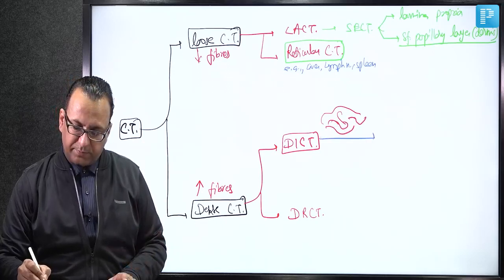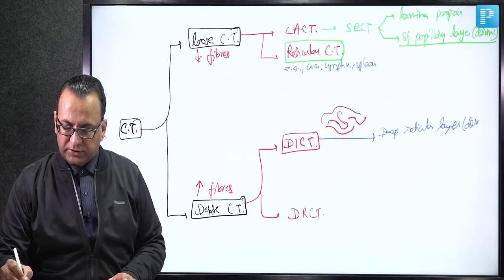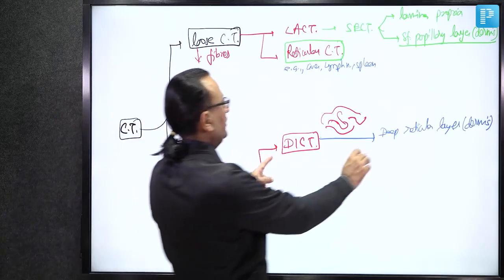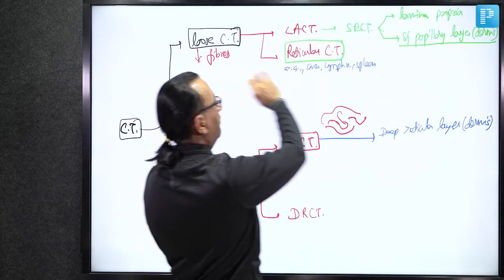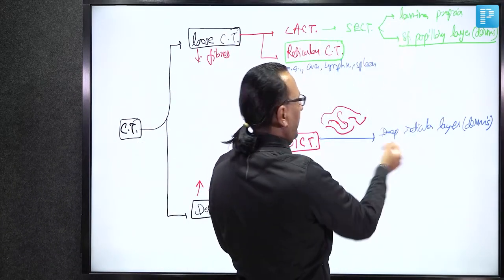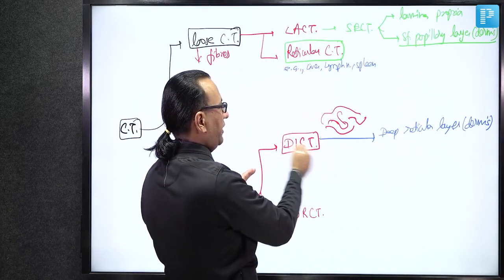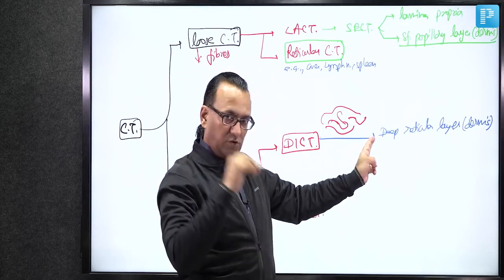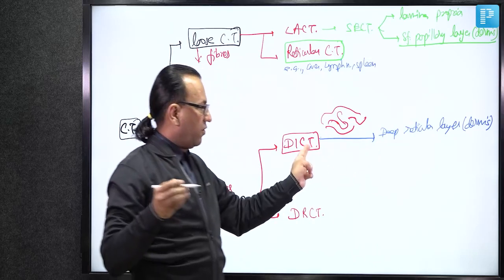And we have seen the example, the deep reticular layer of dermis. So we have mentioned if it is the superficial papillary layer of dermis, then it was loose areolar connective tissue. But if it comes to the deep reticular layer of dermis, there you have dense but irregular connective tissue. And two more examples, as you saw, around the bone, the periosteum, and around the cartilage, the perichondrium.